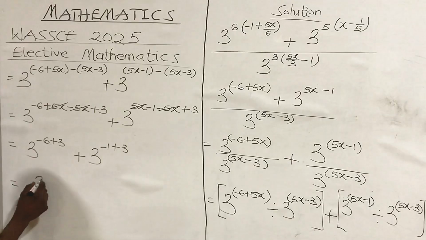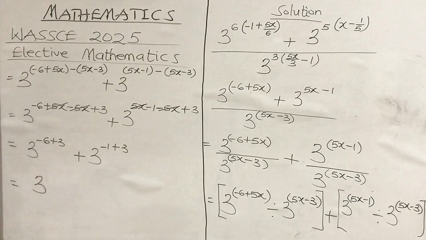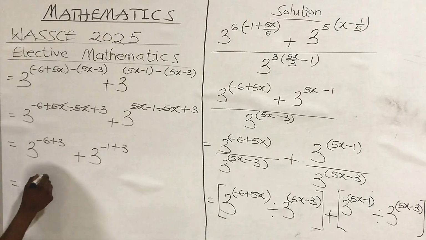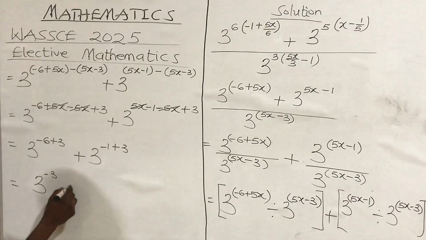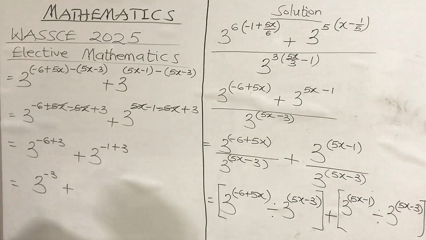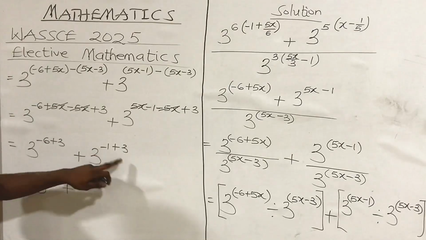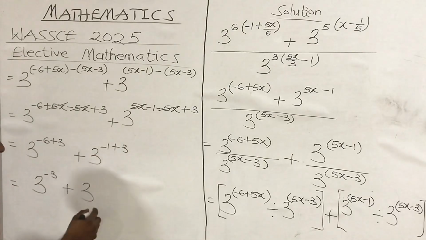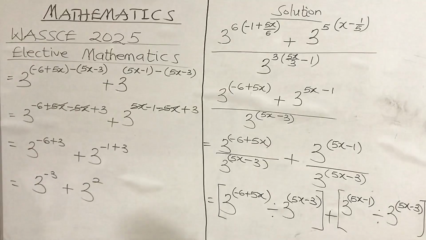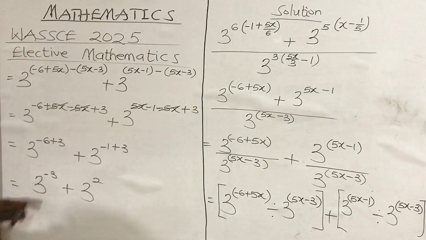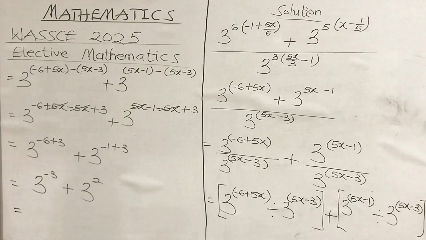So we are going to get 3 exponent negative 6 plus 3, which is negative 3, plus, and here we have 3 exponent negative 1 plus 3, which will give us 3 exponent positive 2. Now, because the exponent is negative, we are going to rewrite it as a fraction. So it is going to be 1 over 3 exponent 3, plus 3 squared.